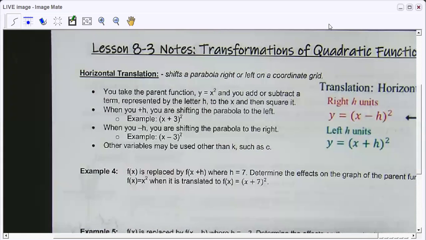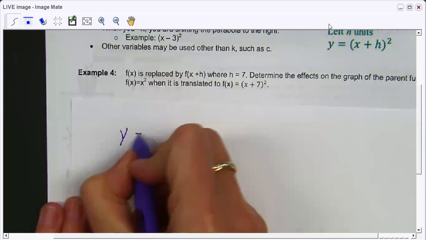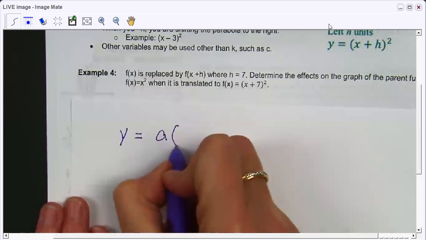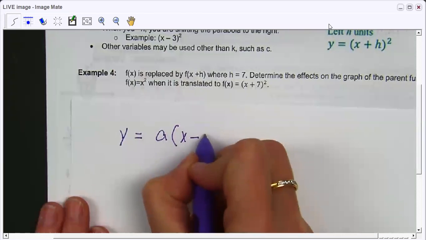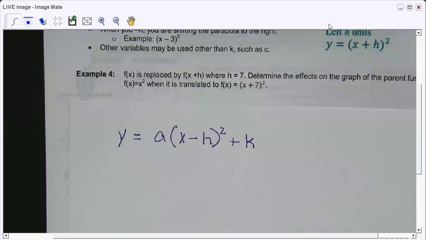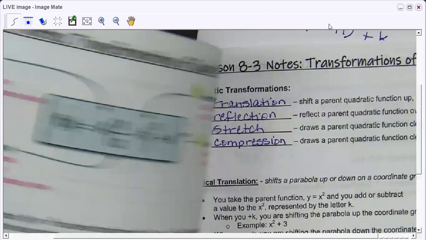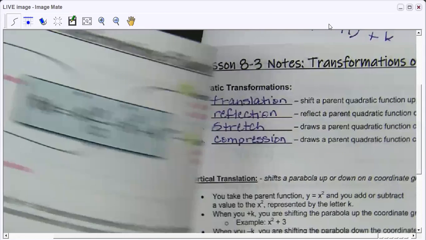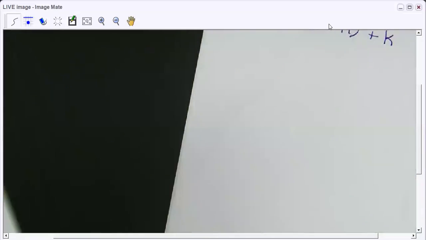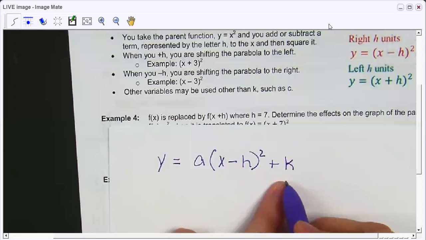The final equation looks like this: y equals a times x minus h squared plus k. So what we did was the K just a minute ago.